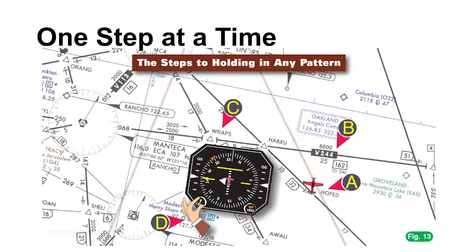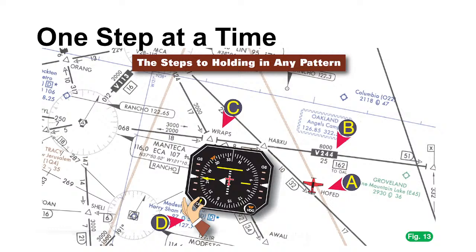Let's see. So in this example, we're going to talk about when they give you a hold clearance. They're going to tell you how to get to the hold course, how to get to the hold point, how you're going to hold, and then when to expect further clearance. All right.